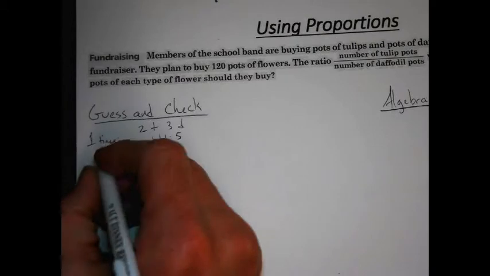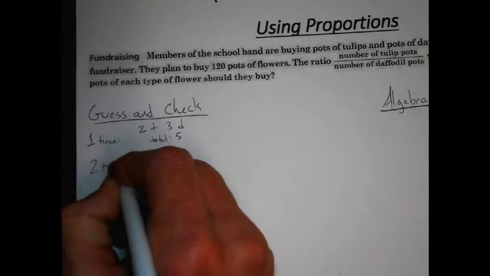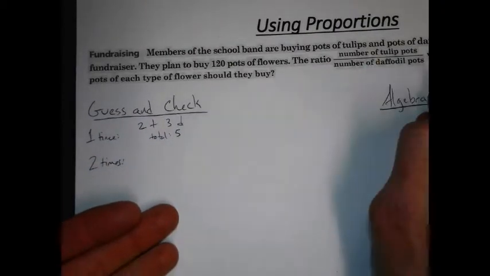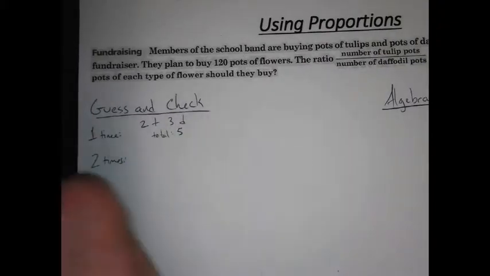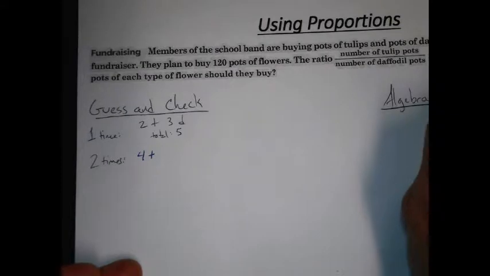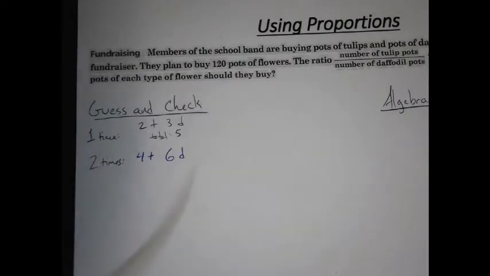So what would happen if we redid this a second time? What if we try and do this 2 times? Okay, so if we're doing it 2 times, how many tulip pots would we have purchased? We would have purchased 4 of them. Okay, 4 tulip pots, and we would have purchased 6 daffodil pots to keep the ratio the same.